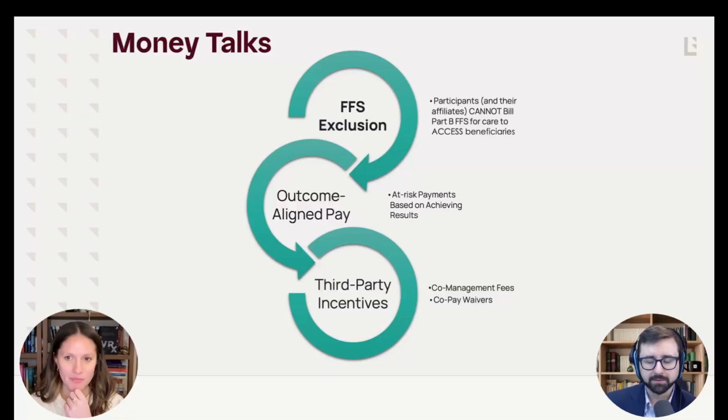Yeah, absolutely. So both Kaitlyn and I thought it was really important to start with the first point on the slide, which is that any access participant is excluded from billing Medicare Part B on a fee-for-service basis for care that's rendered to the beneficiaries participating in access. That exclusion extends not just to the access organization, but any organization that has a formal affiliation with an access participant, which is defined, the most relevant definition is an organization that has greater than 5% ownership in the access participant.